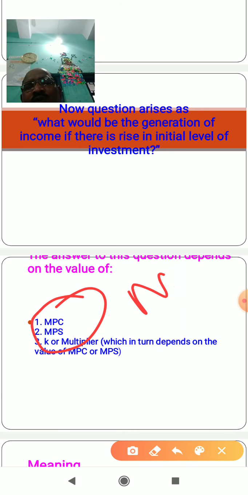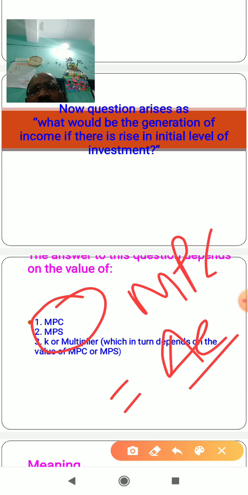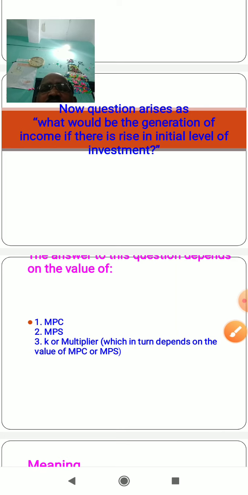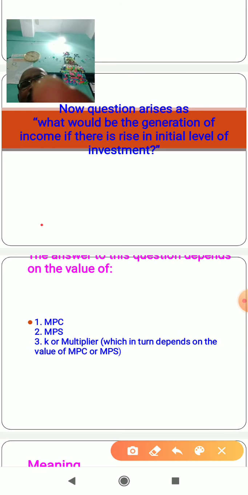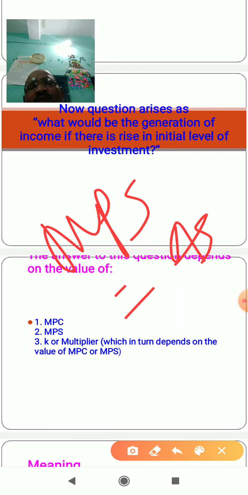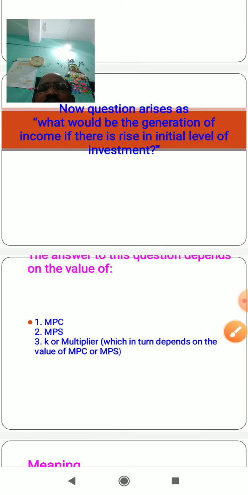MPC is equal to delta C by delta Y. The ratio between change in consumption and change in income is known as MPC, or marginal propensity to consume. What is MPS? MPS is equal to delta S by delta Y. The ratio between the change in saving and change in income is known as marginal propensity to save.